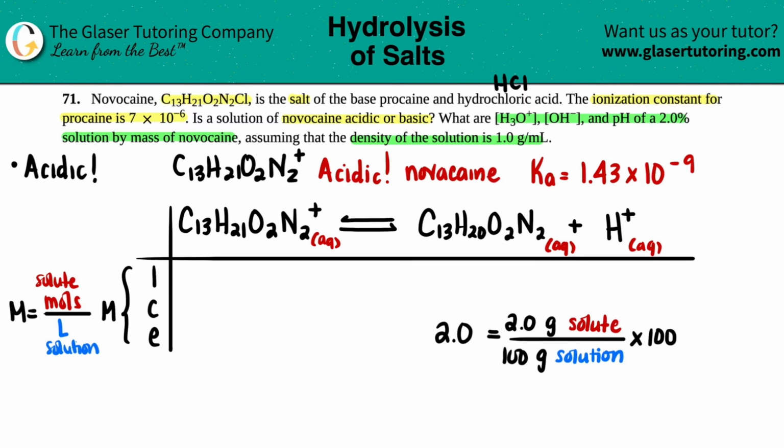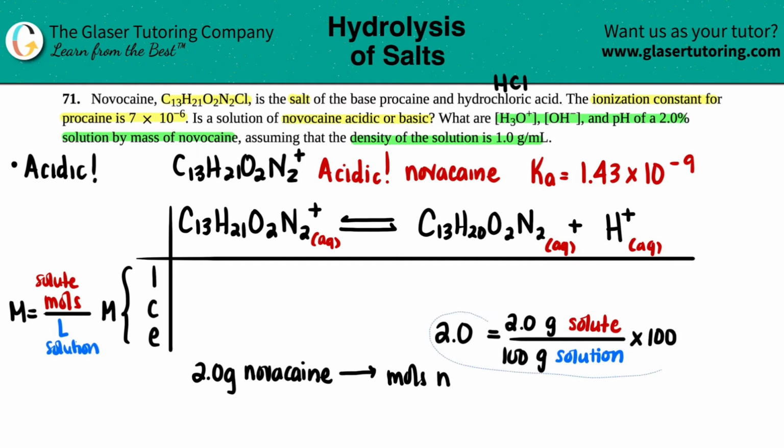And now we have our solute information and our solution information. Right now we know that we have 2 grams of the solute, so we have to convert that into moles. So 2.0 grams of the solute, which is the Novocaine, I have to convert that into moles.